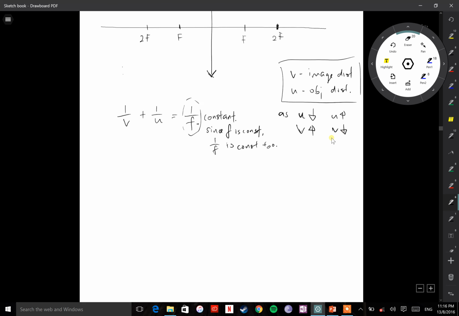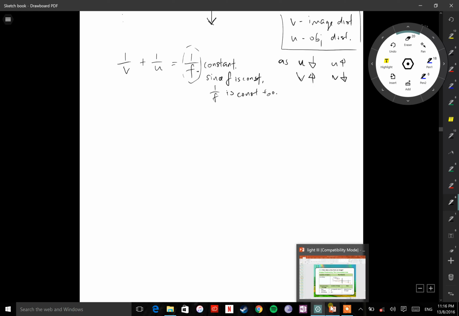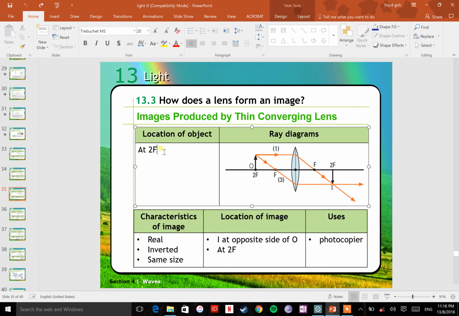I'll show you a simple working of this formula: 1 over v plus 1 over u equals 1 over f. Now let's look at a photocopier. The location of the object is at 2f, as you can see over here, and the location of the image is also at 2f.